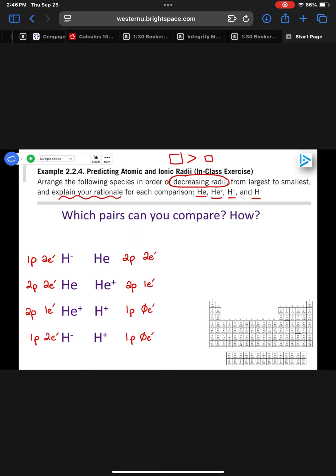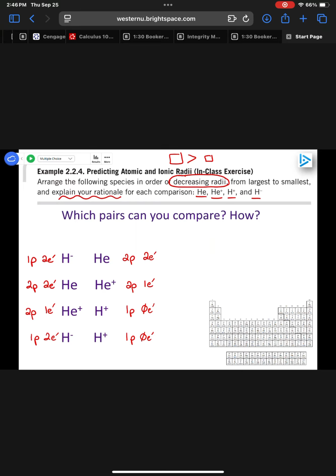What's the name for that rule? What type of series do we have here in the first comparison? Anybody want to guess? They're not the same atom. Super. Do you want to say that just a bit louder? Isoelectronic. Oh, and you know what? My microphone just died. Isoelectronic, and that is correct.